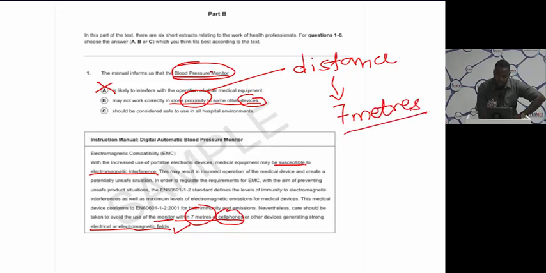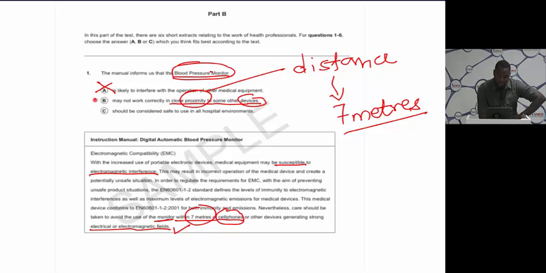With this information, we have arrived at our answer: the manual informs us that the blood pressure monitor may not work correctly in close proximity to some other devices. It says care should be taken to avoid the use of the monitor within 7 meters of cell phones or other devices generating strong electromagnetic fields.